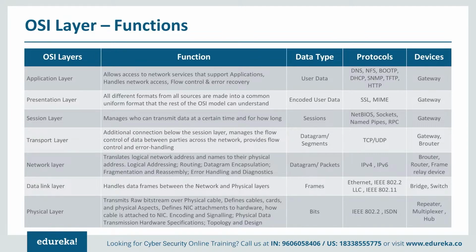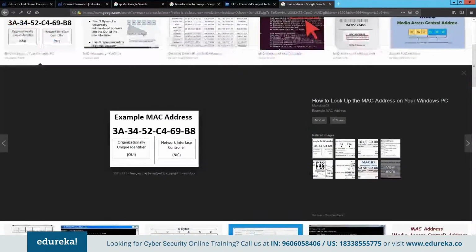So the physical address, the MAC address, is created while manufacturing the device and is hardware built. There are multiple capacitors which will be burned when manufacturing. This is how the MAC address looks: 3A, 34, 352, 6C4, 69. These MAC addresses are embedded on the network device.